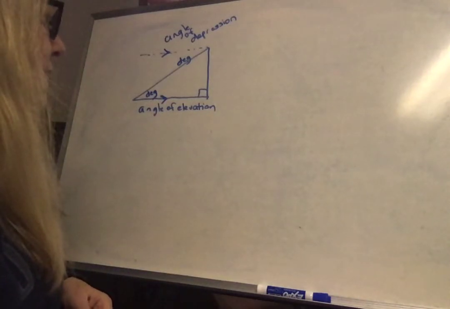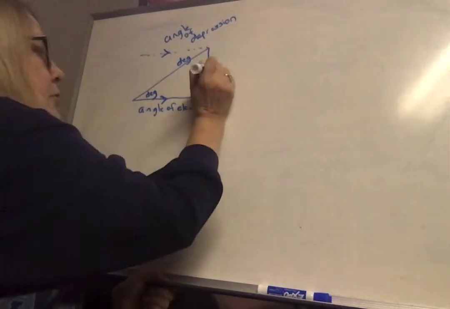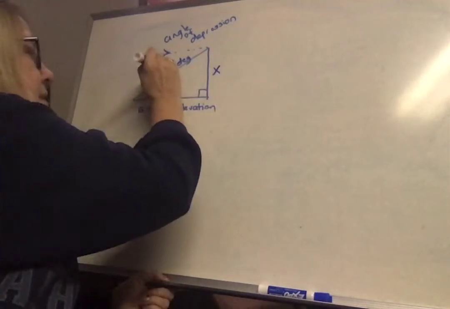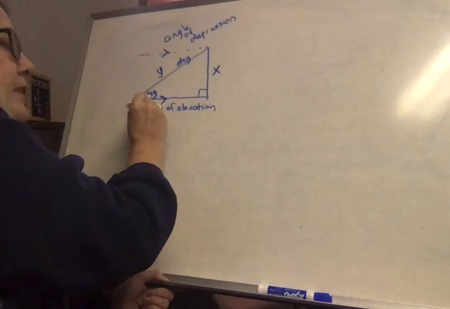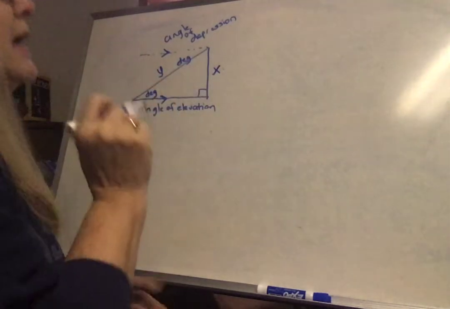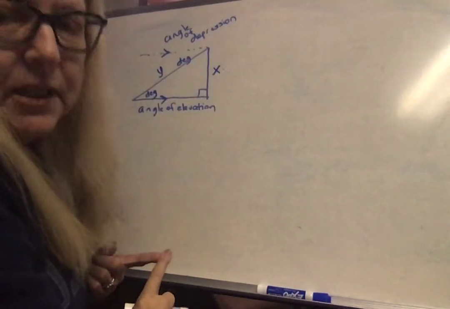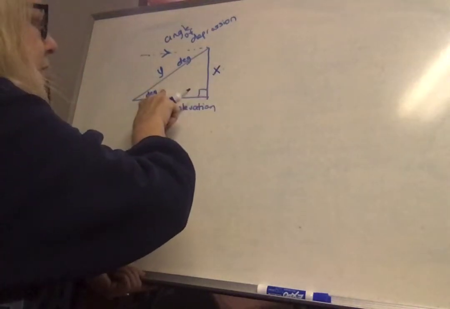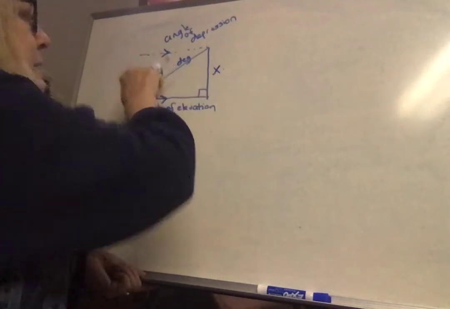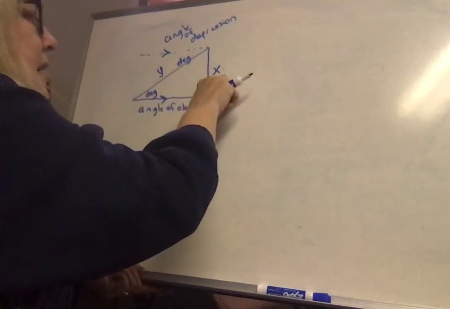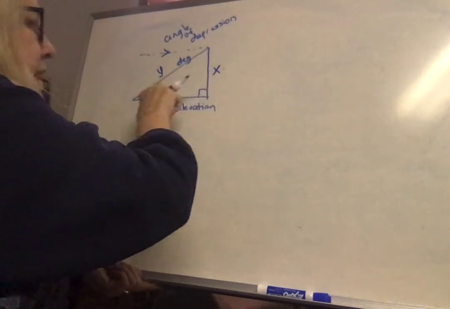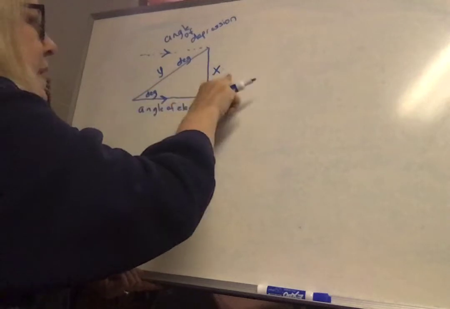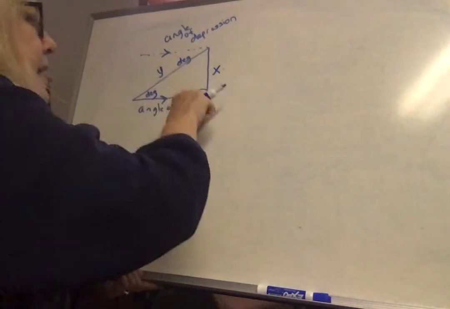And what they're going to do then, they might use these two parts. They'll give you angle of elevation and this part and this part, and you want to set it up and solve it. So if they were giving you angle of elevation and this piece and this piece, you would say, well, x is opposite the angle of elevation and y is the hypotenuse.